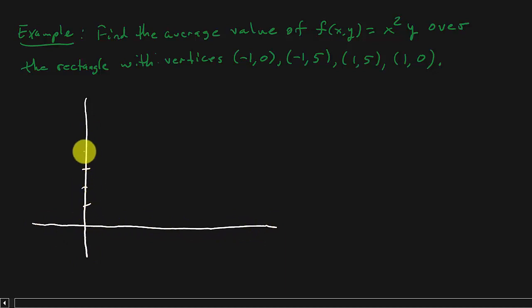So I've got -1, 0. I've got -1, 5. I've got 1, 5. And I've got 1, 0.